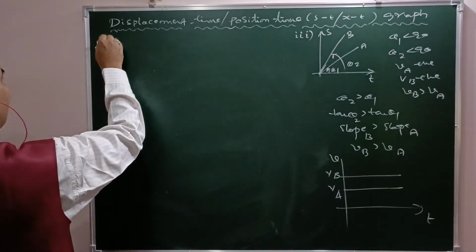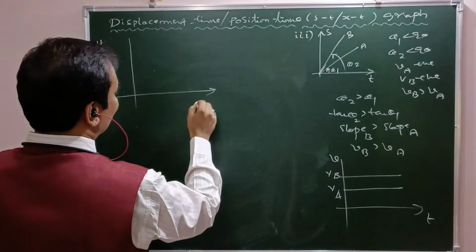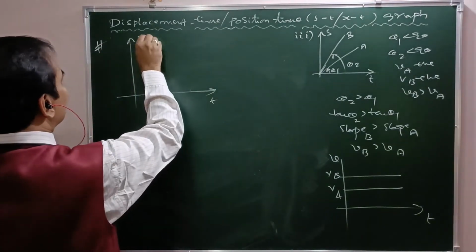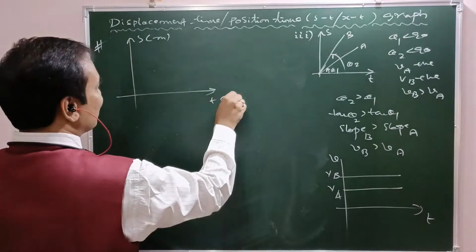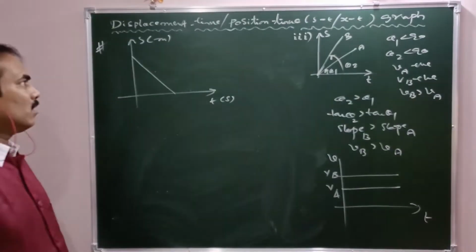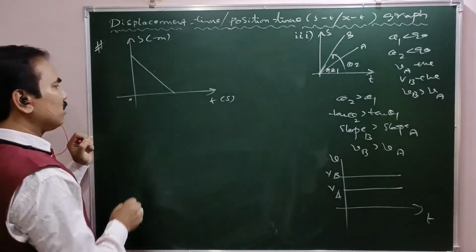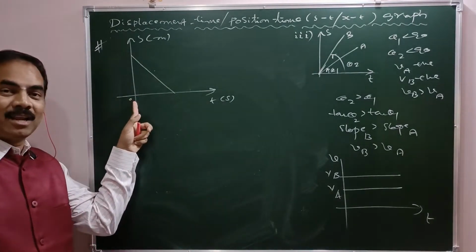Suppose an example is there here. This is the ST graph. Here S is in meters, T is in seconds. Suppose a graph is like that, right? What is the displacement at time t equal to 0, that is, the initial instant?